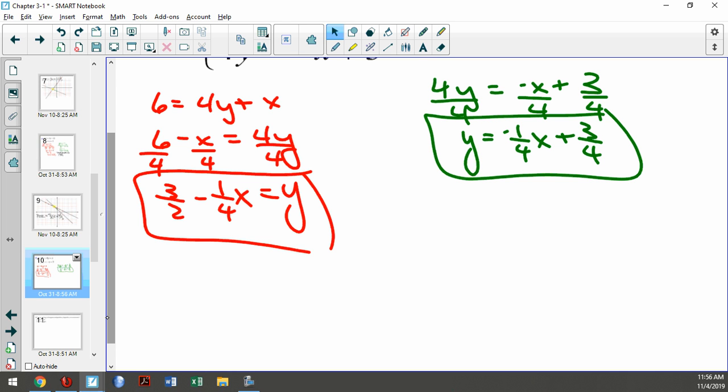When I solve the first equation, I get y is equal to -1/4 x plus 3/2. The second equation is going to be -1/4 x plus 3/4.